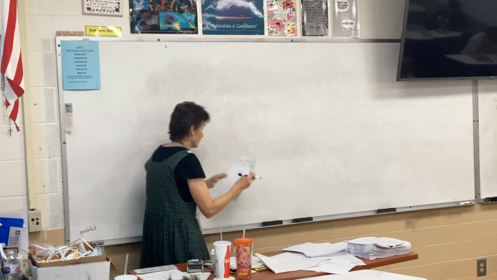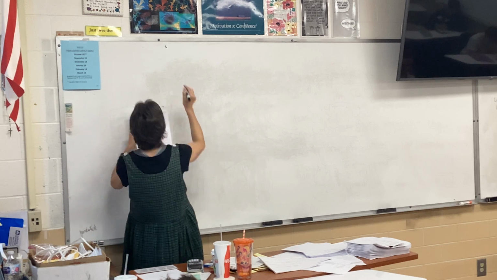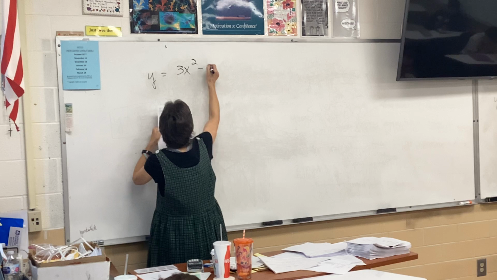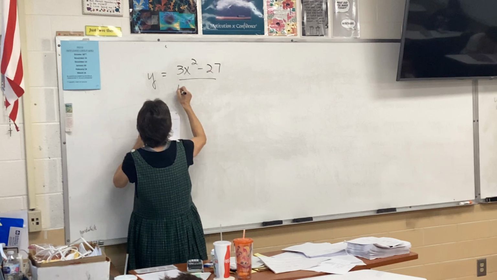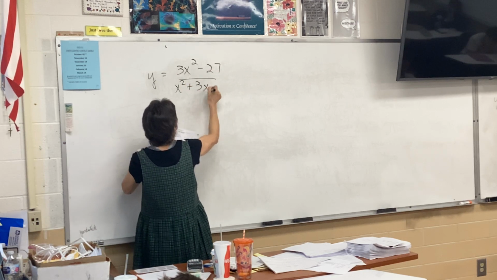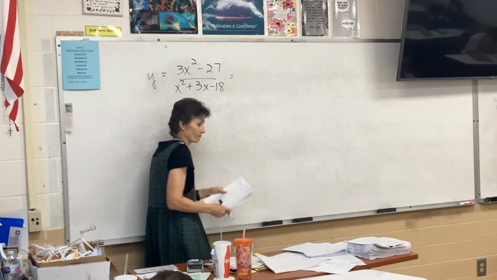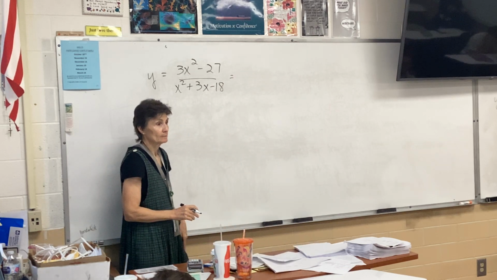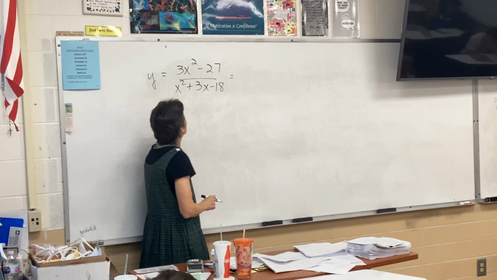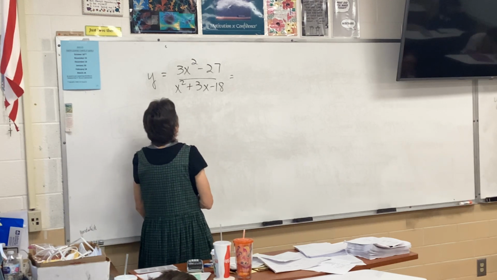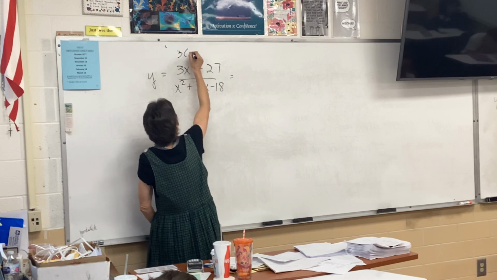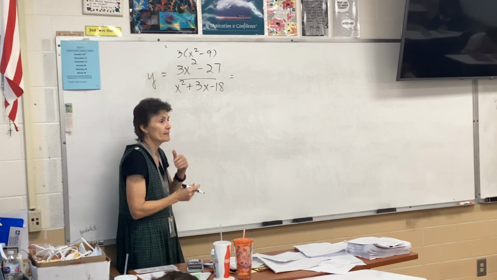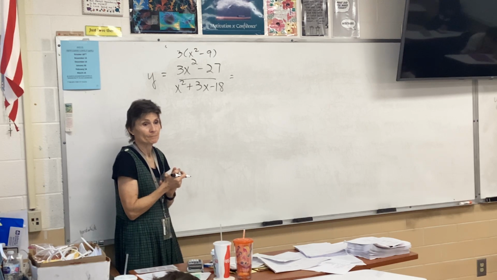All right, so here we go. This is the one that's got the little star up in the corner. How do we start? Start by factoring, right? So what can you do on the top? Take out a 3, and I would definitely do that. It's going to make your life easy if you take out the 3, because what do you notice?